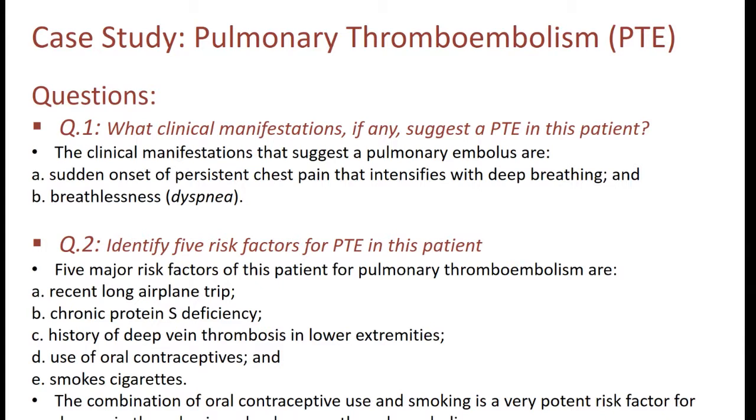Estrogen will predispose to forming thrombi. And smoking. So this patient has 5 major risk factors for the development of pulmonary embolism, and the combination of oral contraceptive use and smoking is a very potent risk factor for DVT and pulmonary embolism.